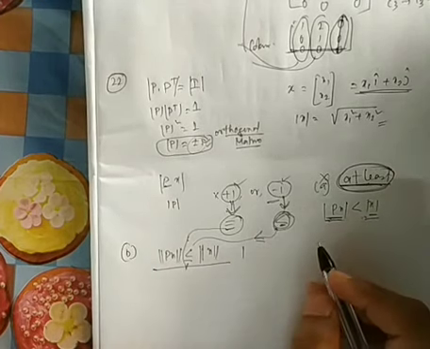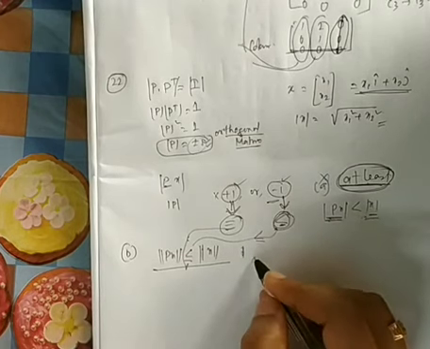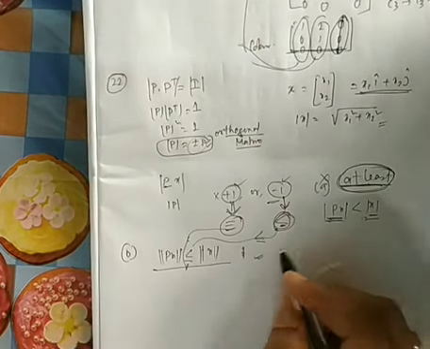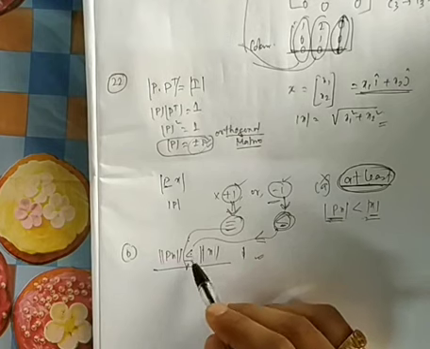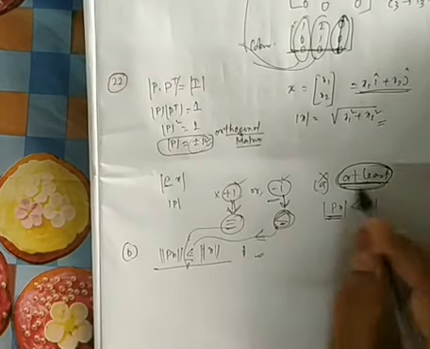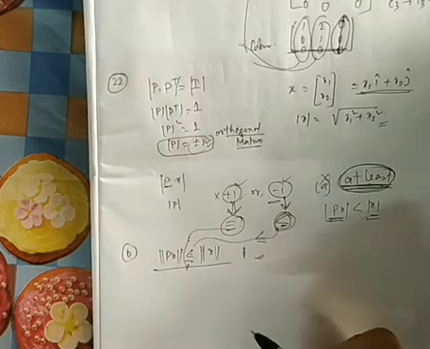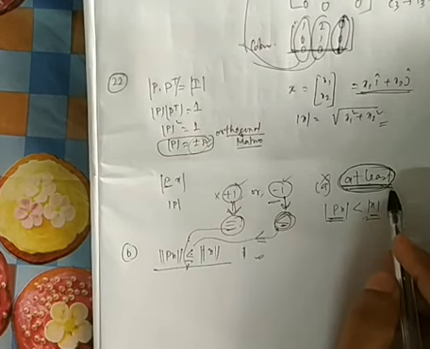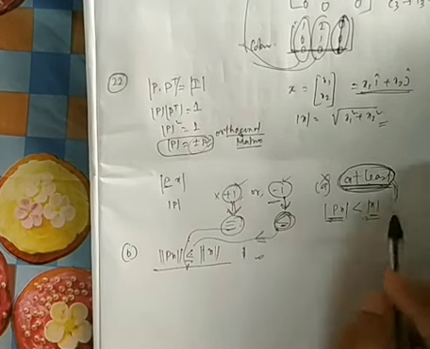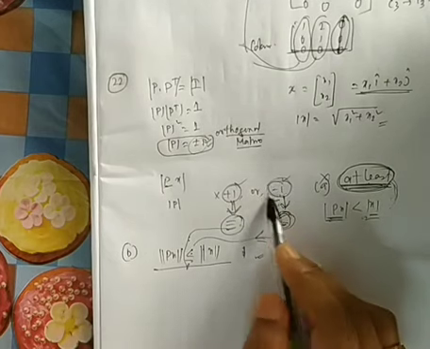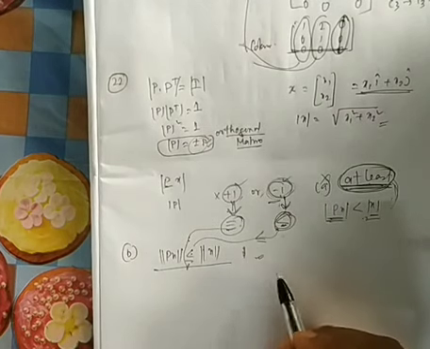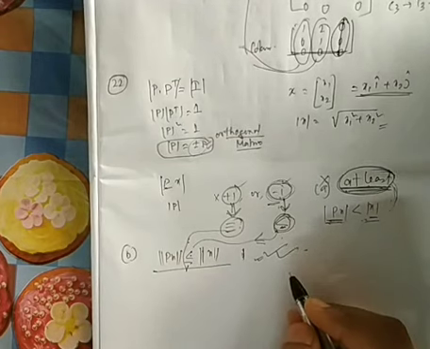So it is true for all vectors X. Whatever vector you put, either it will be equal to or less than. So there is no concept of at least here. There are only two cases, either less than or equal to. There is no more than one vector which is less than; there is only one vector which is less than if you multiply it by minus 1. So that's why B is the correct answer.